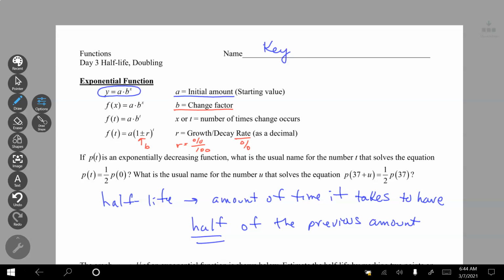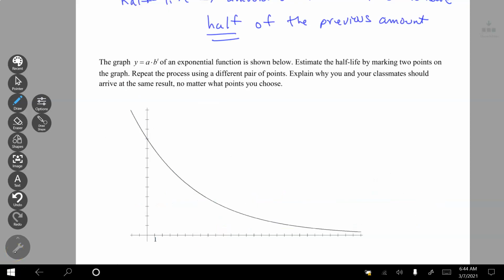If I have 10 and then later I have 5, I want to know how long it took me to go from 10 to 5. Okay, let's try it on this graph. This is an exponential decreasing function. Well, this value here is 10. So 1, 2, 3, 4, 5 is half. I'm going to try to draw this best I can. Horizontal. Let's see. 1, 2, 3, 4, 5, 6.